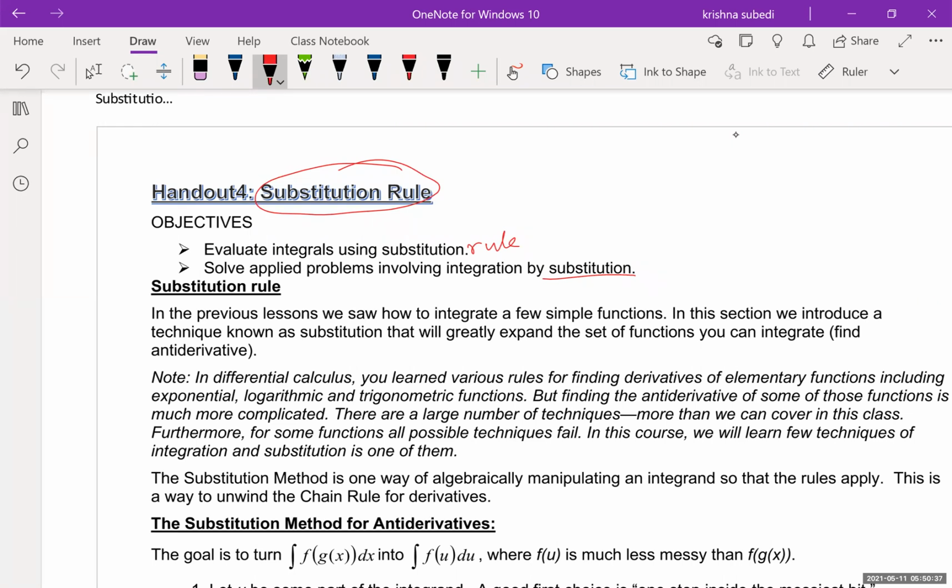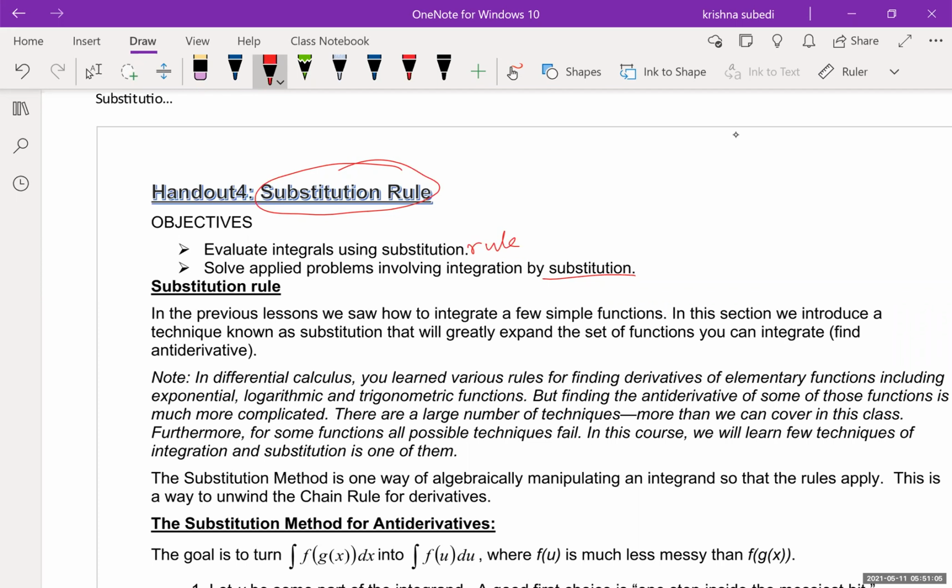Okay, so remember in the previous lesson we evaluated the integral of different kinds of functions, and pretty much all of them are pretty simple functions, by the way. But there are some other functions and some other situations where the formula that we have learned so far is not enough to answer.